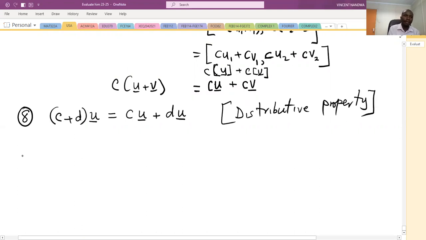And then number 9, if you take C times DU, it is the same as CD, and then you multiply by U. So this is the associative property.